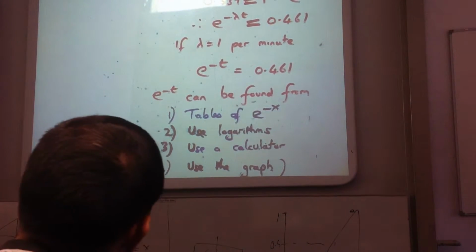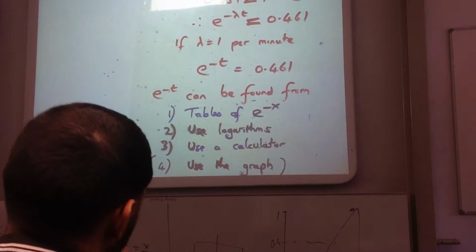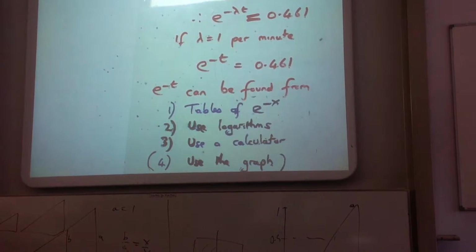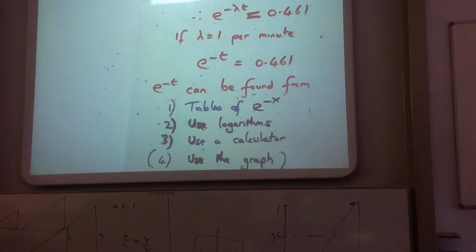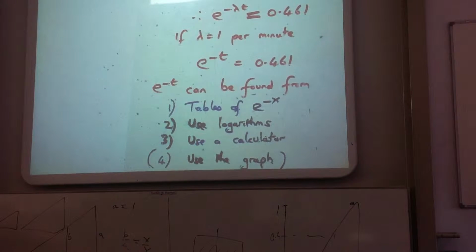Now, we've got e to the minus lambda t is 0.461. So, if we had tables, let's suppose we look at the first alternative.